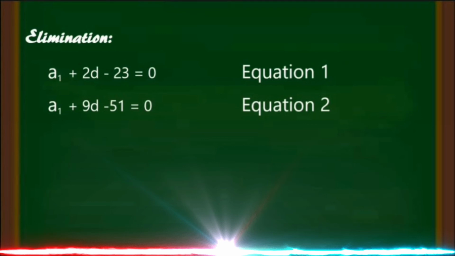So what do we need to multiply in order to eliminate a sub 1? Yes, we need to multiply negative and positive. So for our first equation, we need to multiply negative. Then for our equation 2, we need to multiply positive.